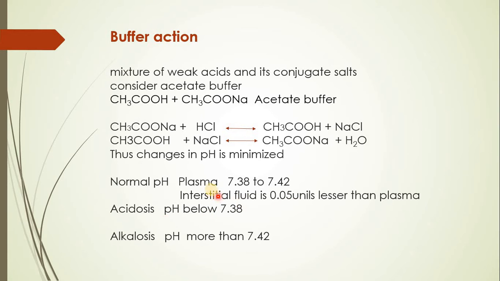Now, if the condition is somewhat different from the normal range which I just stated, that is, if it is more than 7.42 or if it is less than 7.38, then what is the clinical condition? The clinical condition is defined as acidosis if the pH falls below 7.38.